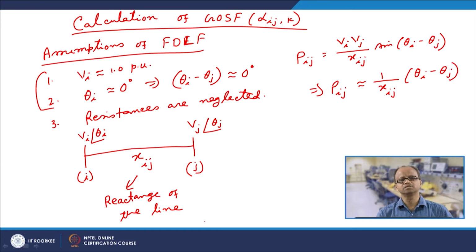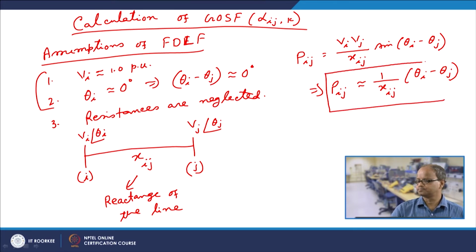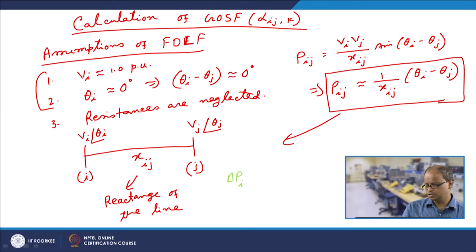Because theta I minus theta j is almost equal to 0, sin theta I minus theta j is almost equal to theta I minus theta j numerically. So, we have taken these two assumptions, and we get this expression. So, from here I can write down delta Pij is delta theta I minus delta theta j by Xij.